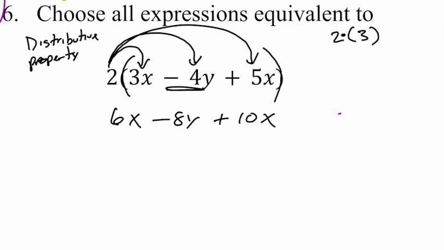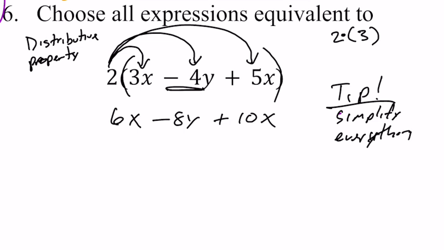So what I recommend you do is just simplify everything. They give you a lot of these questions in the state exam at all grade levels, by the way. They want you to compare, oh, what does this turn out to be? And if you simplify everything when it comes to expressions, you will always get the same answer at the end.